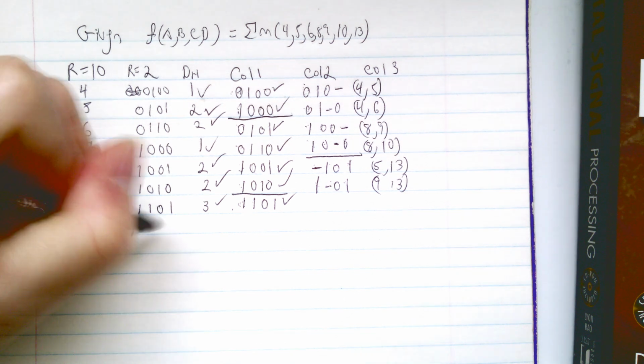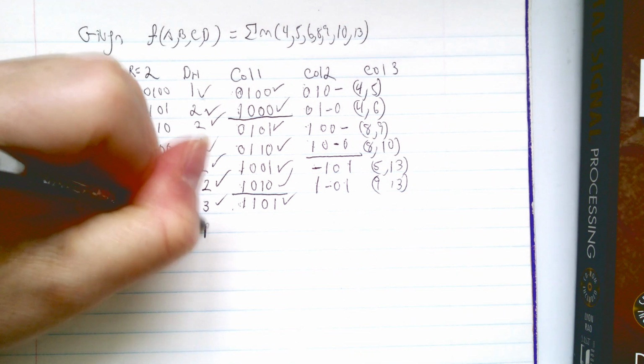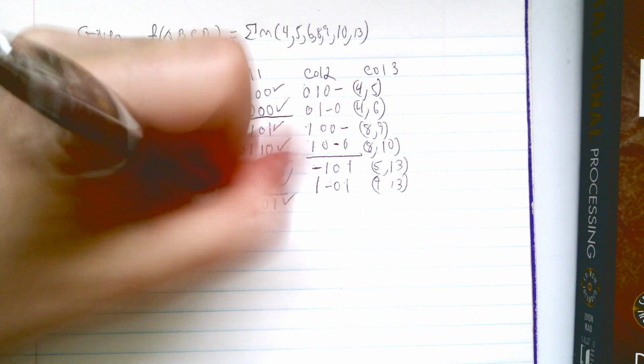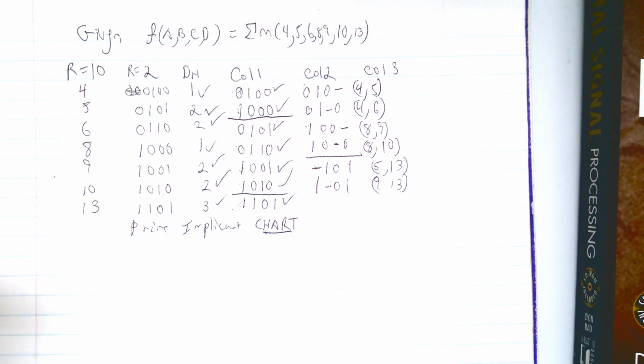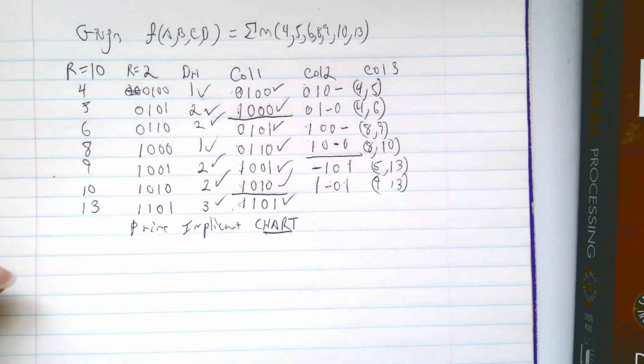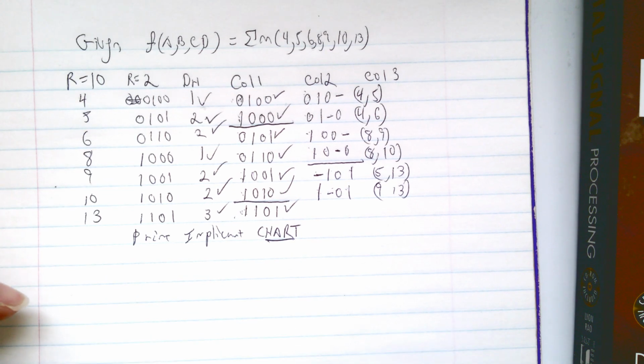And we'll just write that out. So that's a chart, right? As opposed to the implication table, which you might have seen in your state reduction diagrams.